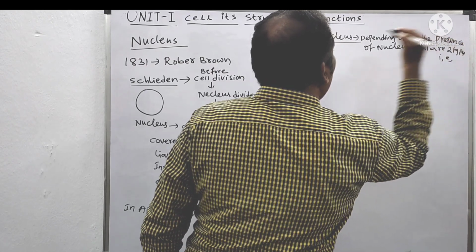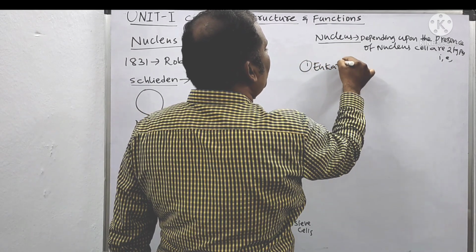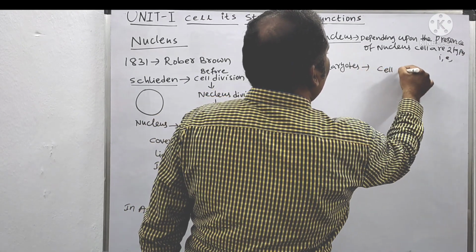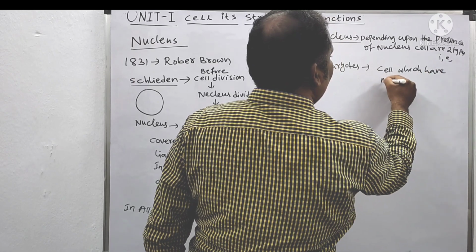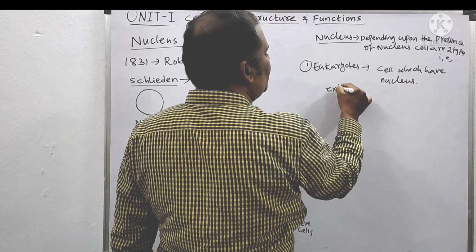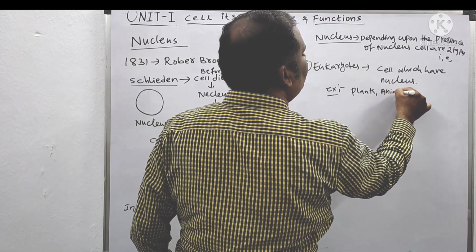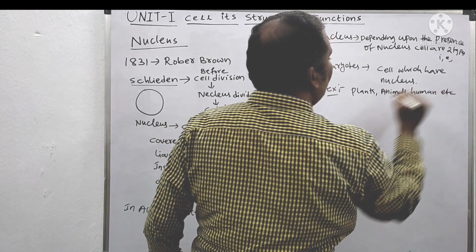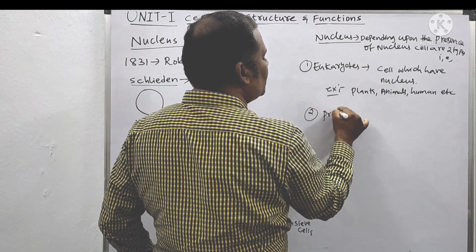The first one is eukaryotes, which are cells that have a distinct, prominent nucleus. Examples are plants, animals and human beings. They all come under eukaryotes. The second one is prokaryotes.